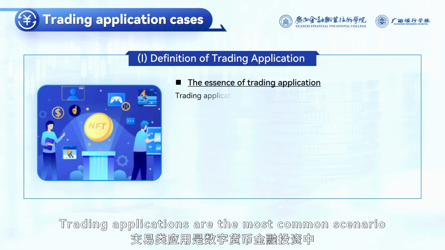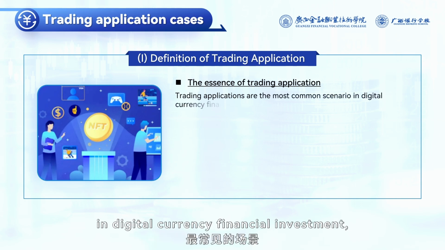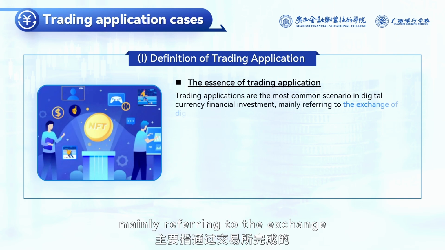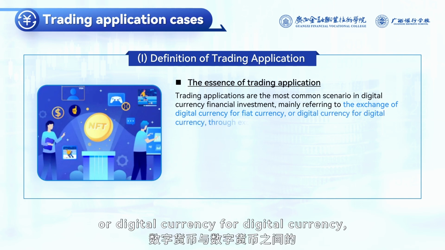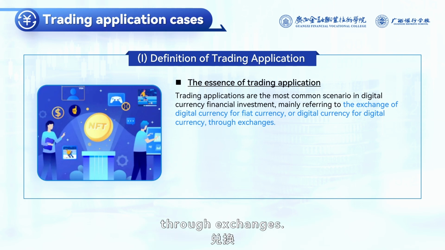Trading applications are the most common scenario. In digital currency financial investment, this mainly refers to the exchange of digital currency for fiat currency, or digital currency for digital currency through exchanges.